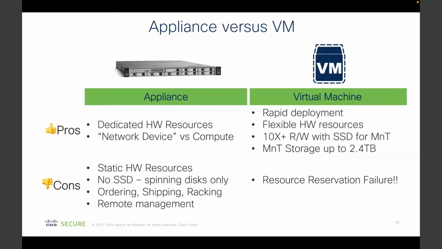The major downside to a virtual machine is we have seen time and time again where people will allocate a virtual machine but fail to reserve the resources, meaning they want to share the resources of the CPU and the RAM with other virtual machines because that's how you increase your efficiency and optimize, right? Well, when ISE needs resources to authenticate users, it needs the resources.